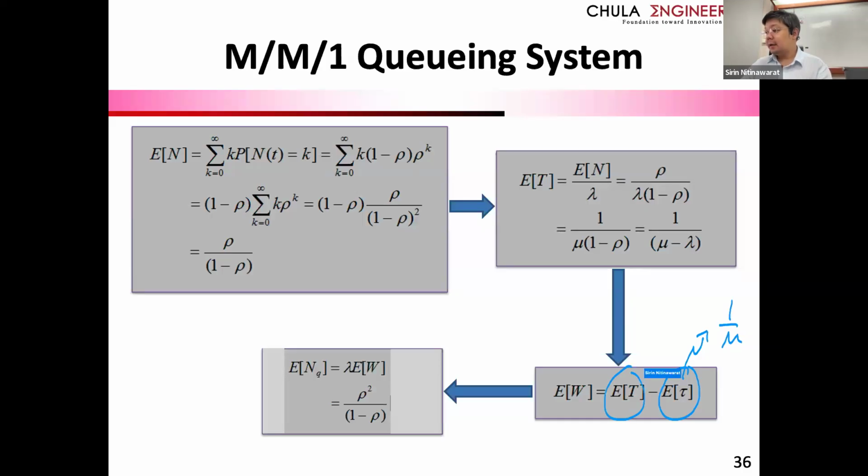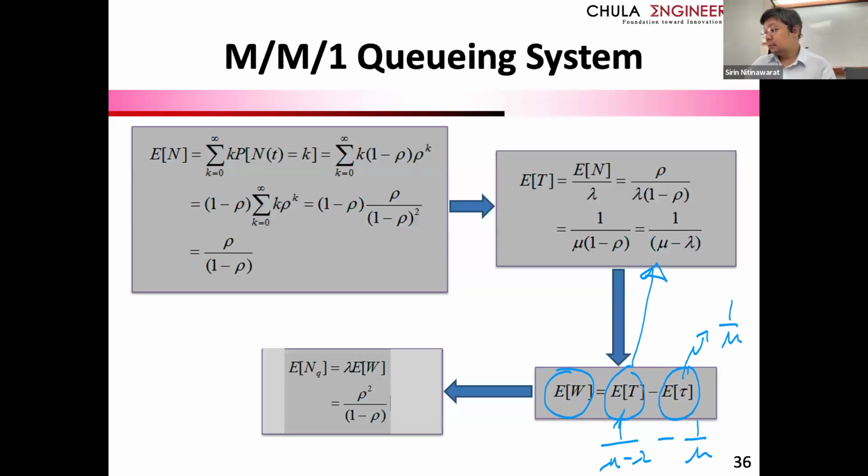The first part is from that formula. So you can compute the expected waiting time only, excluding the service time. What will you get? You get 1 by mu minus lambda, subtracted by 1 by mu.